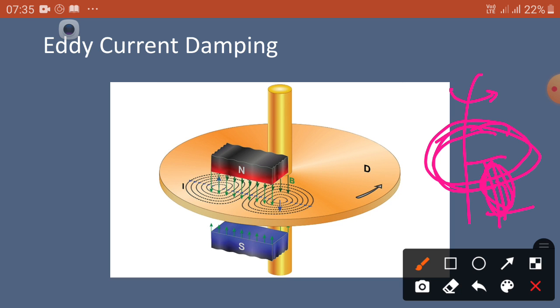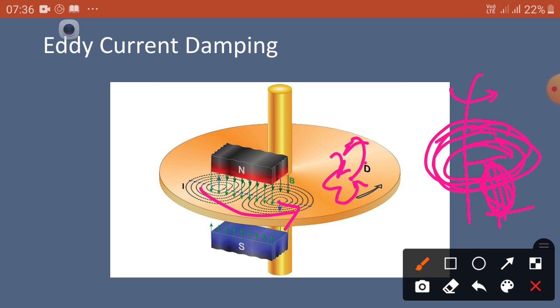Once it is moving in a magnetic field, as per Faraday's laws of electromagnetic induction, it induces an EMF in the disc. The disc is cutting the lines of force, and whenever a conductor cuts the magnetic field, it induces an EMF in the conductor. So an EMF is induced in the aluminum disc.